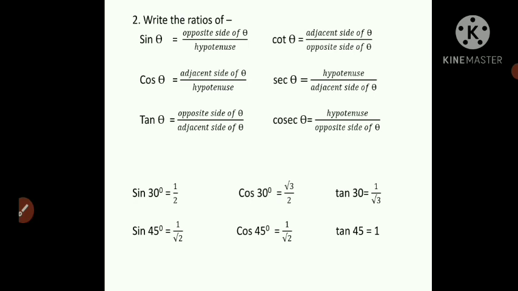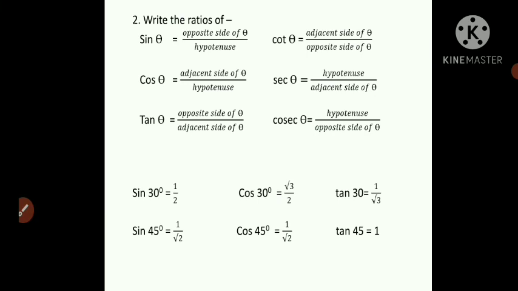And cot will be exactly the reciprocal of tan theta. You can see tan is opposite upon adjacent; for cot you do adjacent upon opposite. Secant is equal to hypotenuse upon adjacent, exactly the reciprocal of adjacent upon hypotenuse. And finally cosec theta is hypotenuse side upon opposite side of theta. Cosec is exactly the reciprocal of sin theta.